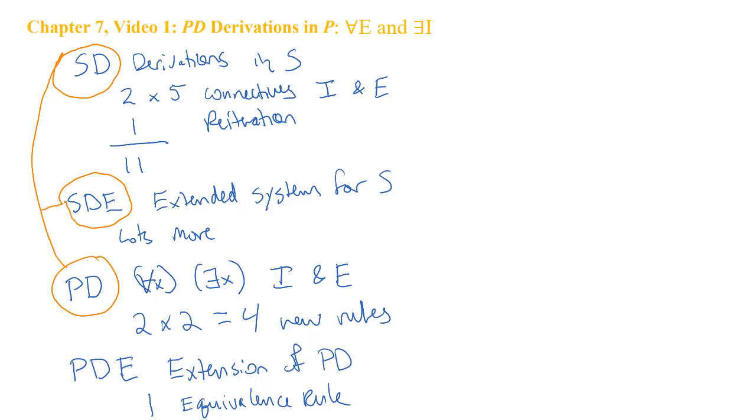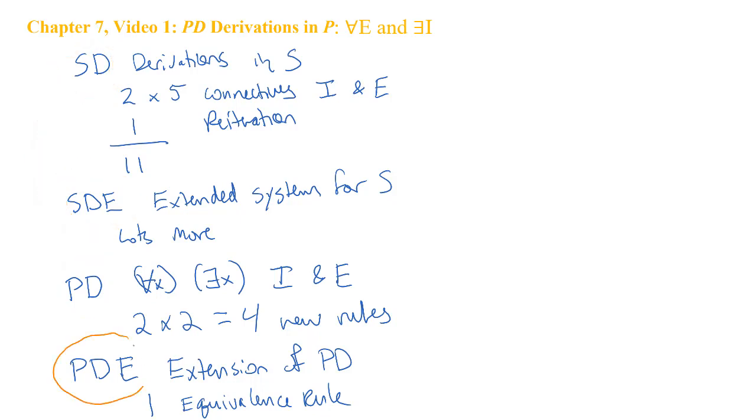When presenting PD, I will sometimes restrict myself to just the SD rules, and other times we'll use the SDE rules. I will try to make that clear in the discussion. Finally, once we get to the additional PDE rule, that will of course include PD, which always includes SD, and again, depending on what your instructor wants, may or may not include SDE.